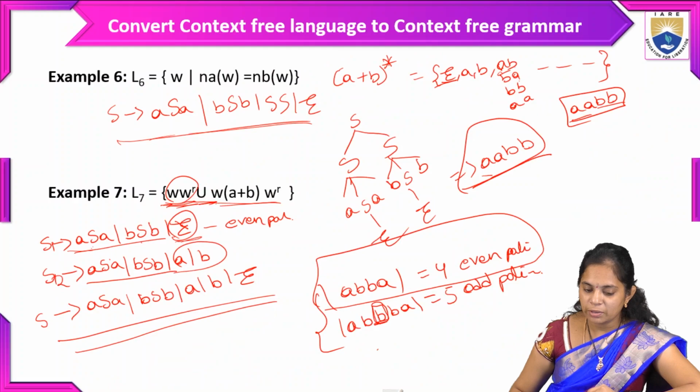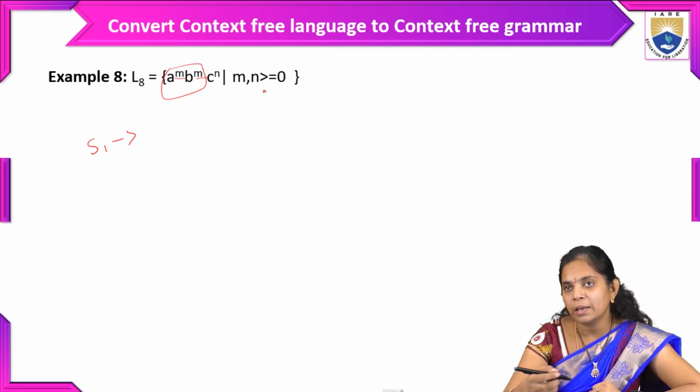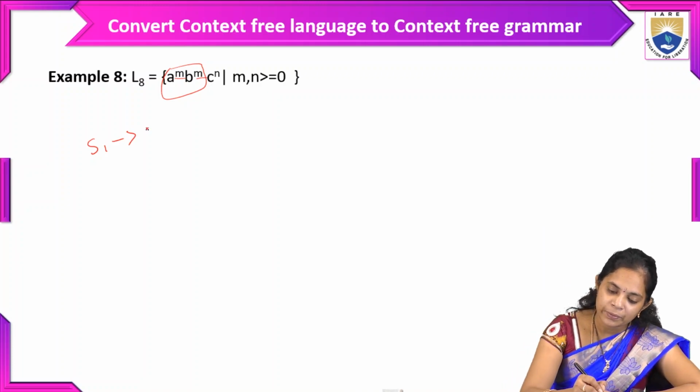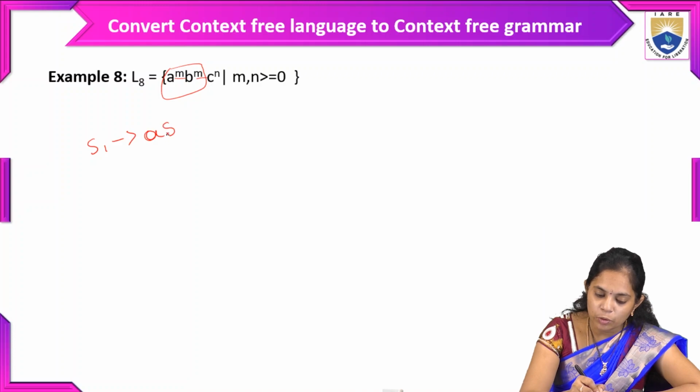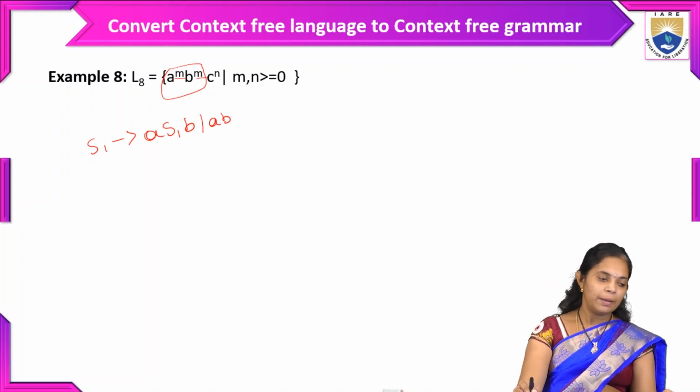And let me check the value of M. So the value of M is greater than 0, so that we will write the AB values. So A is followed by B, and AB is the minimum length.